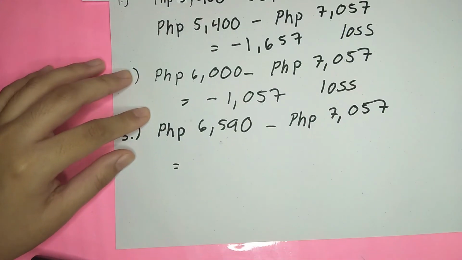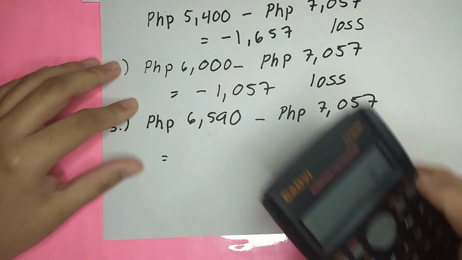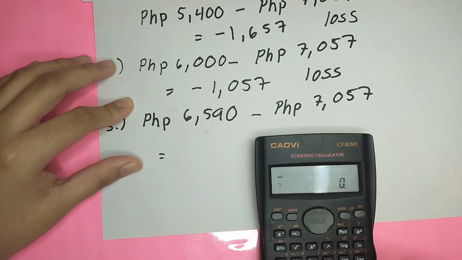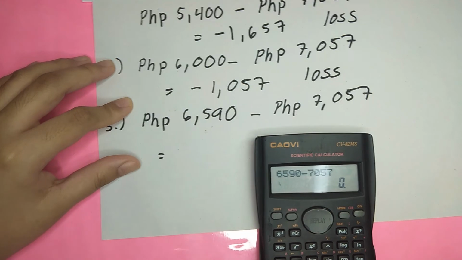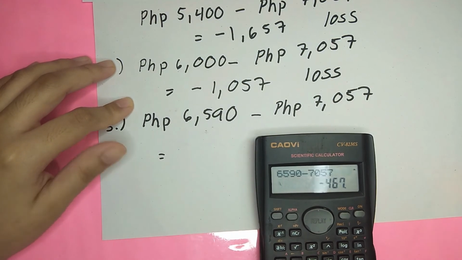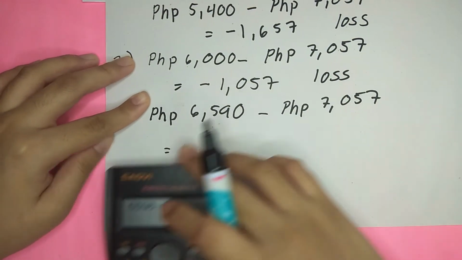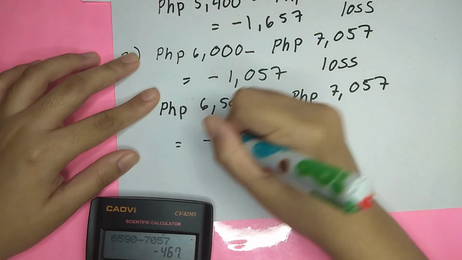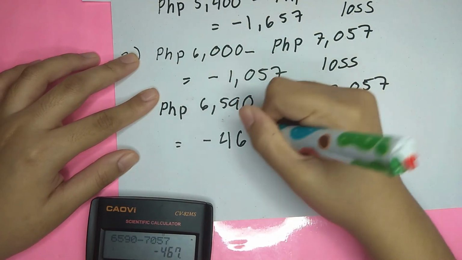So, kapag minus yan, I'm sure na negative ulit yung lalabas. 6,590 minus 7,057. Negative 467.